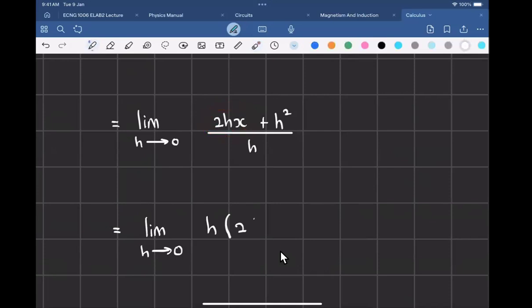What next? So I pull out the H from the X. No, it will be 2x. Because here, we pull out the H from this. So if you pull out the H, then it's 2x.